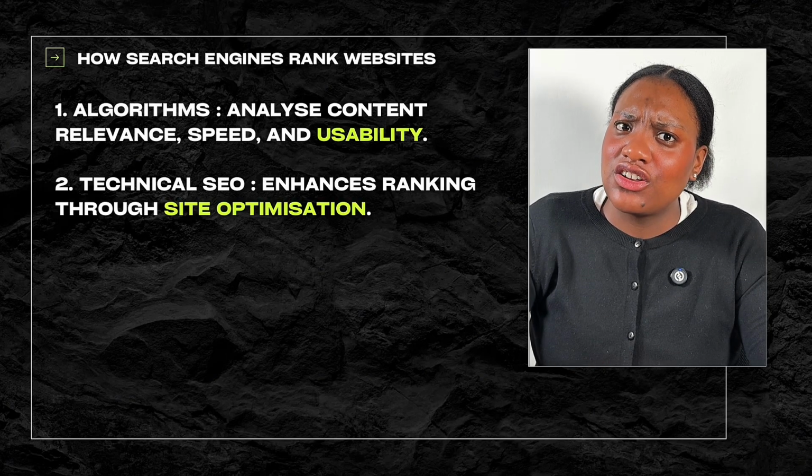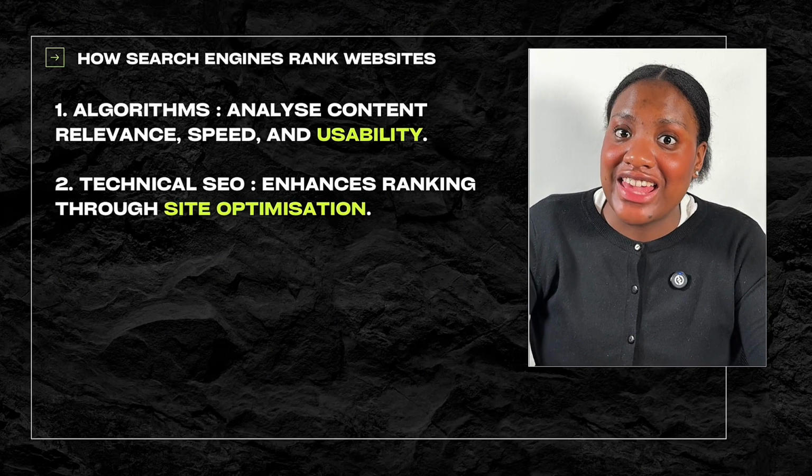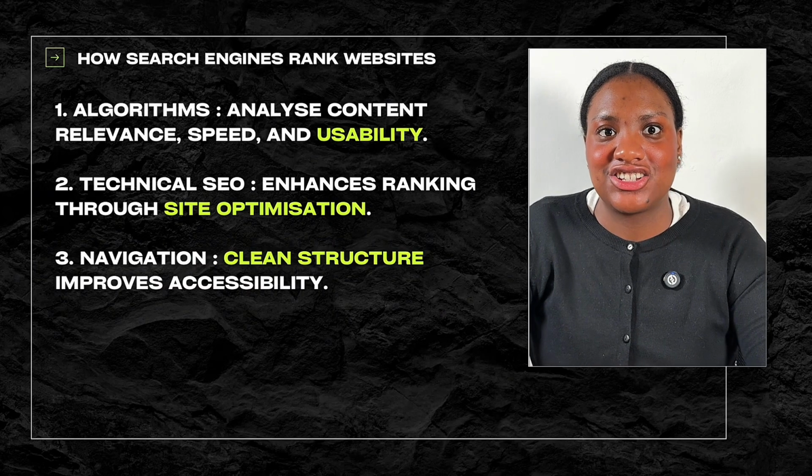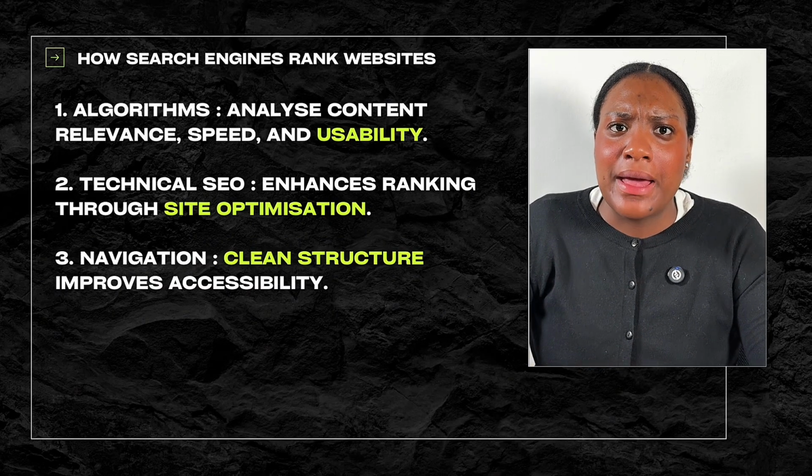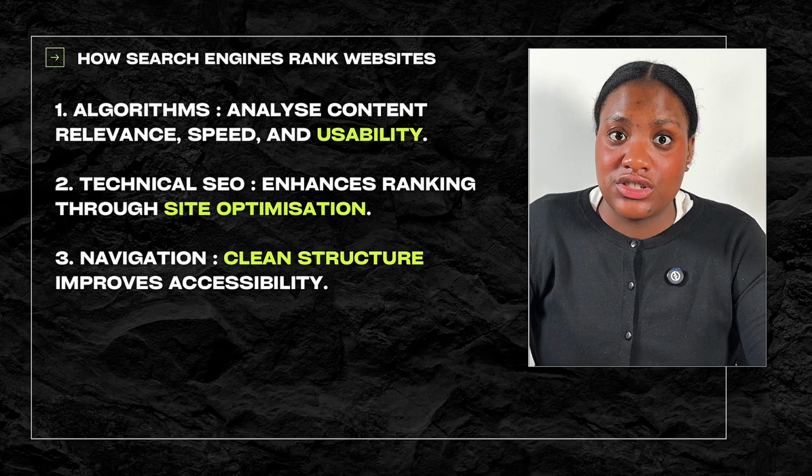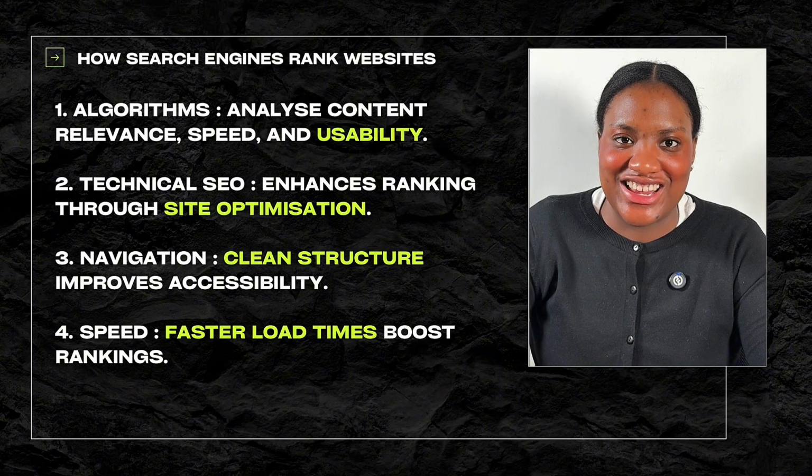Sites with strong technical SEO, including clean navigation, optimized site architecture, and fast load times, make it easier for algorithms to process and rank their content. Optimizing technical aspects ensures that search engines can not only find and assess your site efficiently, but also deliver it as a top result for relevant searches.